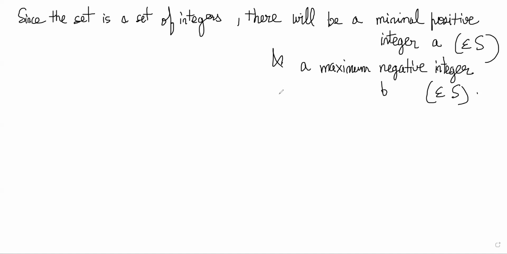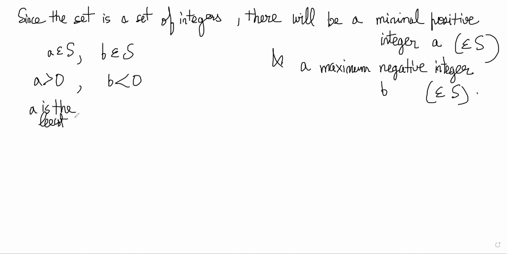If it's a set of integers, there will be a minimum positive integer and a maximum negative integer. We are calling them A and B. So A belongs to S, B belongs to S. A is positive, B is negative, and A is the least positive integer. And B is the maximum negative integer that belongs to the set.